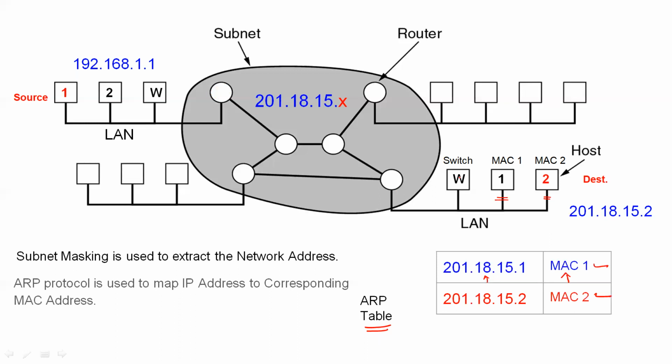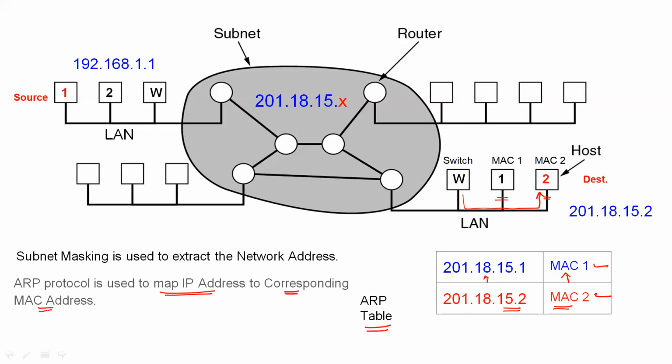The IP address mentioned is 201.18.15.2, and it will extract the corresponding MAC address. This is MAC 2, and to this system the packet will be transmitted. The ARP protocol is used to map the IP address to the corresponding MAC address. Hope you got my point.